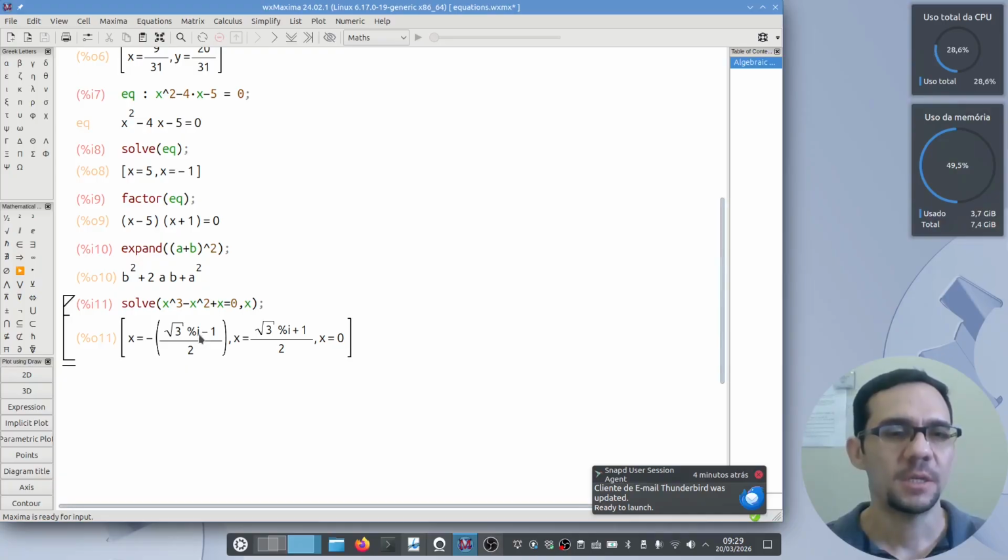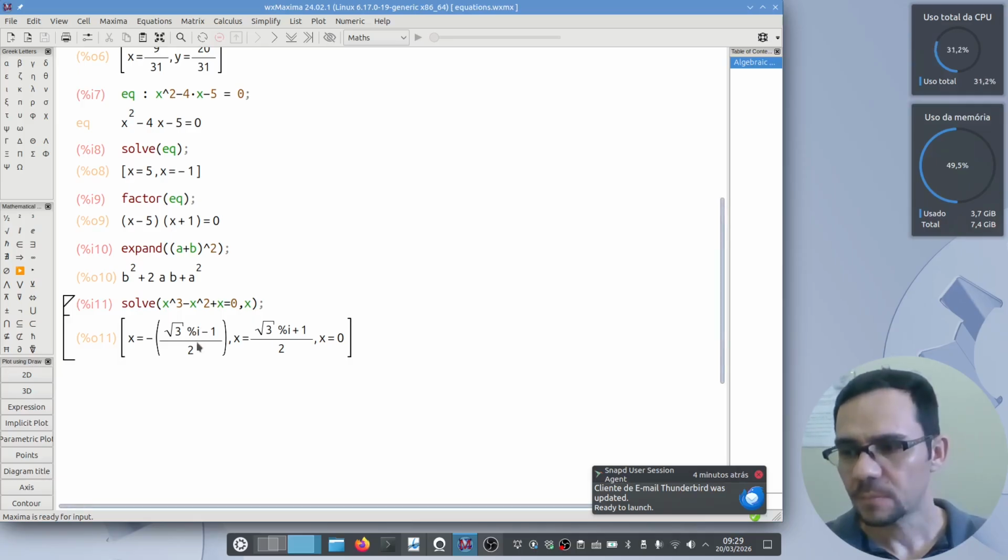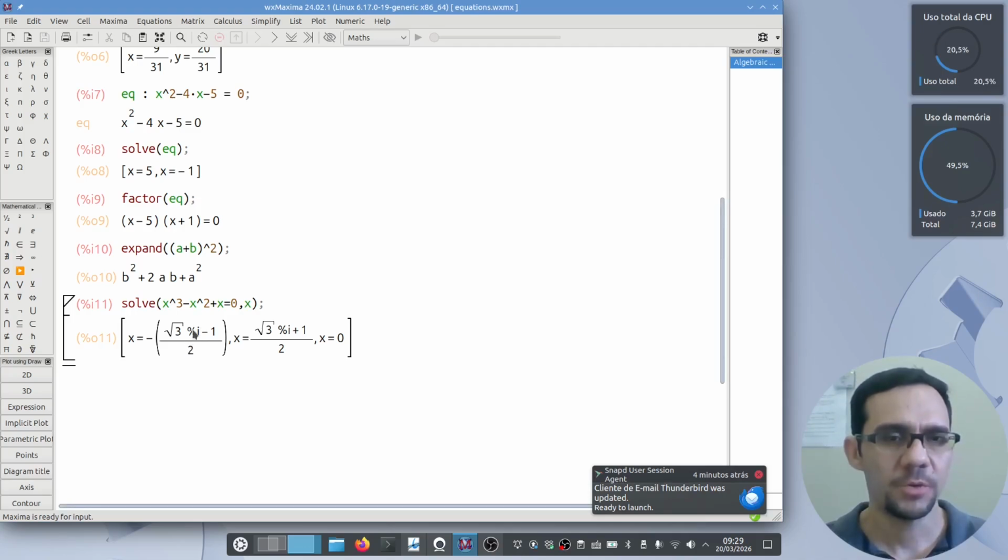We have seen in one of the previous videos that Maxima deals with constants by using this percent symbol and then a letter. So in this case we have the imaginary number. I'm going to show you that Maxima has also some commands to deal with complex numbers, since we have got a complex solution here.